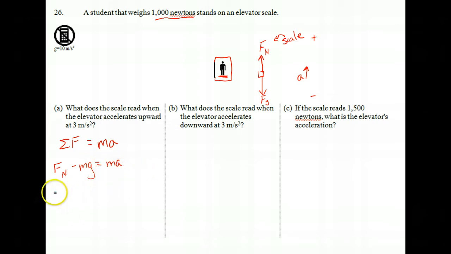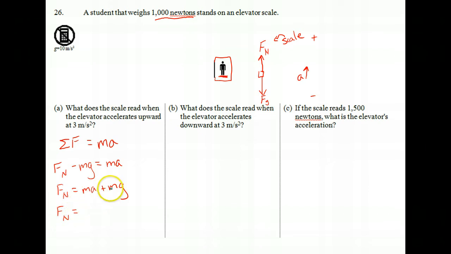So we have this here. Now we need to solve for the normal force to see what the scale reads, because again the scale reading is the normal force. So we'll solve for that. Take ma plus mg here. And then we can start plugging in some numbers.